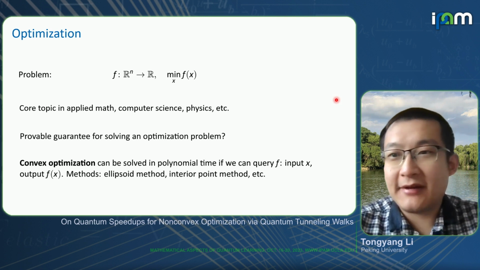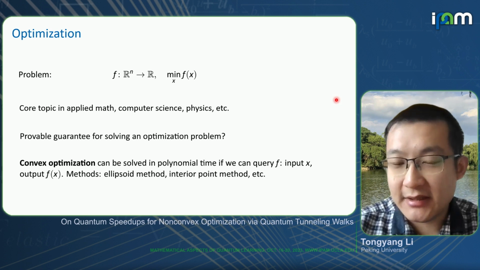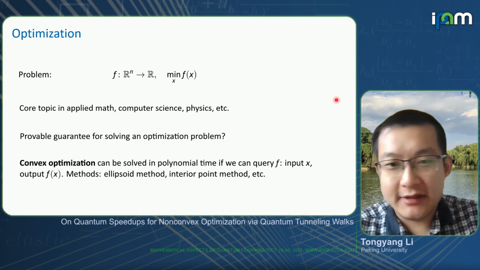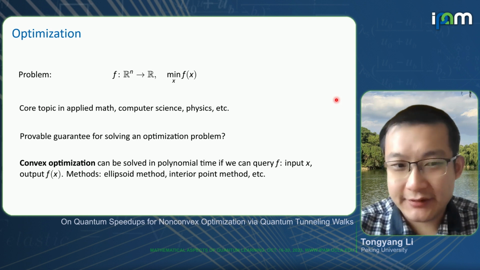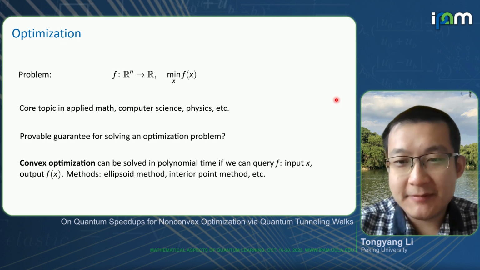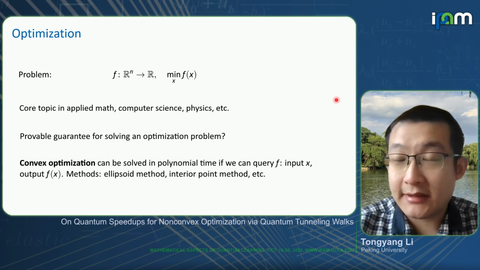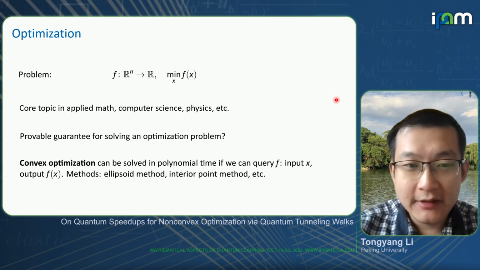By query, you need a way to understand what this function f is. For instance, you are interested in a certain point x, and I tell you the corresponding function value f(x). Using this kind of query, you can use the ellipsoid method, the interior point method, etc., to solve the convex optimization problem in polynomial time.